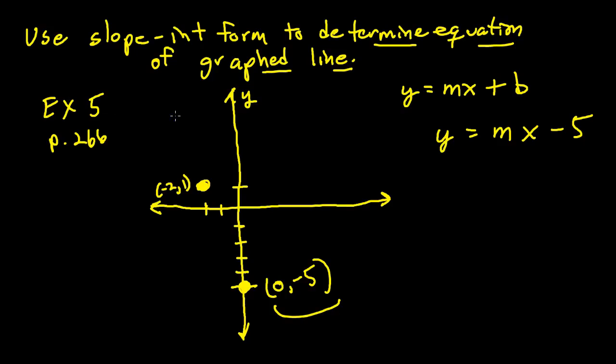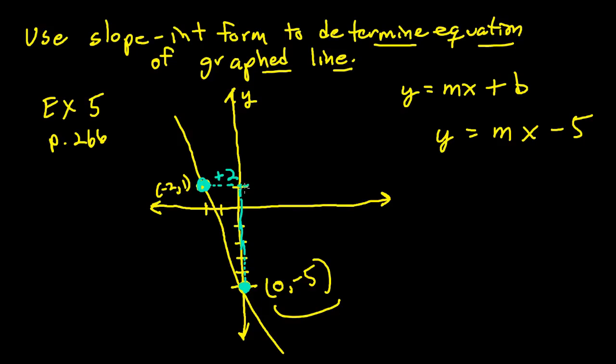Well, let me connect the dots here. All right, I'm going to draw a slope triangle between these 2 points and see if I can determine the change in y over the change in x, the rise over the run. If I go from this point to this point, breaking up the path into horizontal and vertical components, the travel to the right is +2 in the positive x direction.